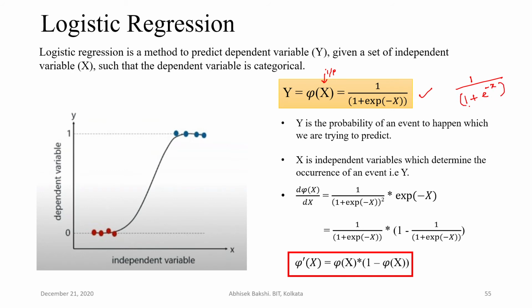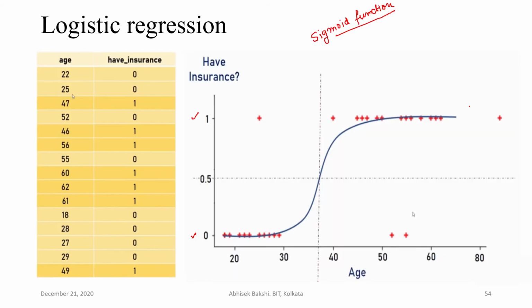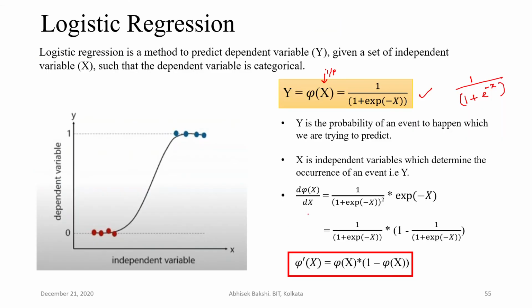Okay, so naturally the question will come: how can I adjust this curve? Let's take a curve something like this. Suppose we have some points here and some points here.